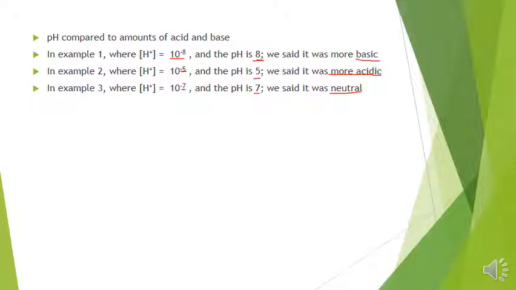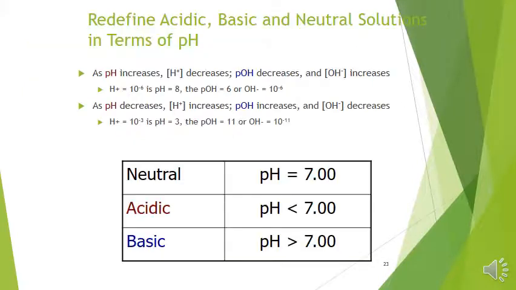So what you're going to see is that if the pH is equal to 7, it's neutral. If the pH equals 8, that means the amount of H plus is less than the OH minus.